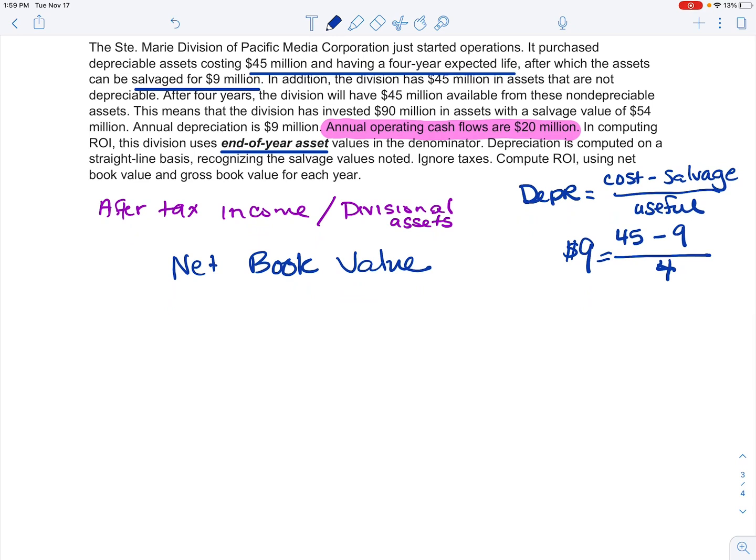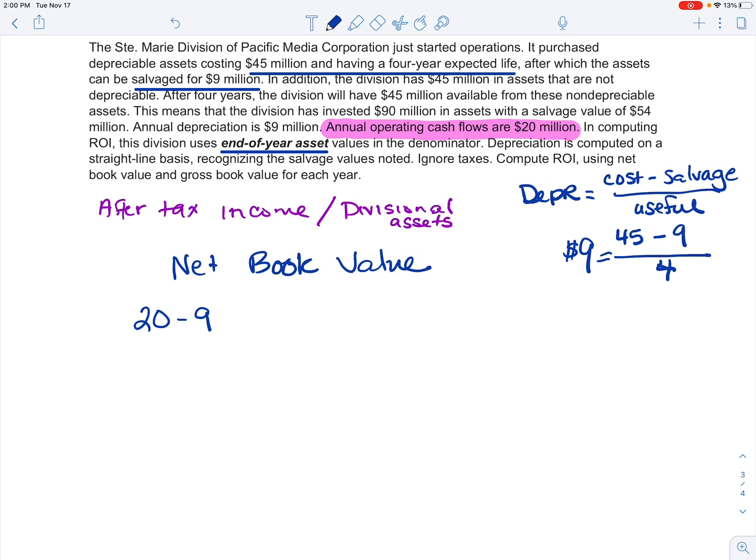So let's look at this net book value method. I know my annual cash flows are $20 million. I'm going to delete all those zeros because I don't have enough space. I'm going to subtract out the depreciation to get to my income.